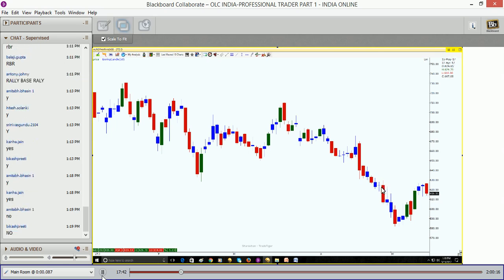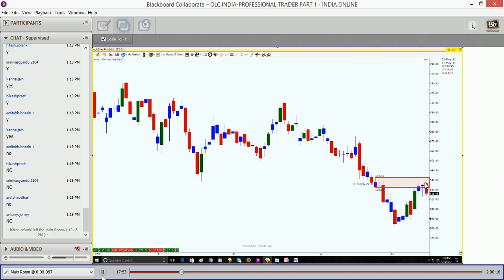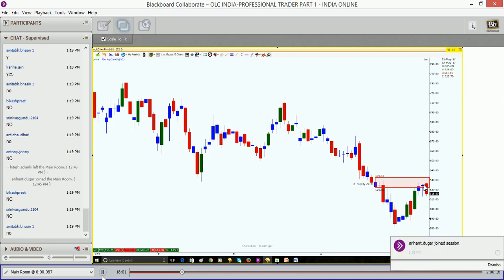Moreover, if I mark this zone like this, prices have already come and touched my zone, which means this is a tested zone. Can we take tested zones? Absolutely not. We cannot take tested zones.